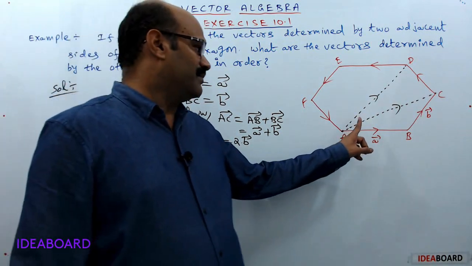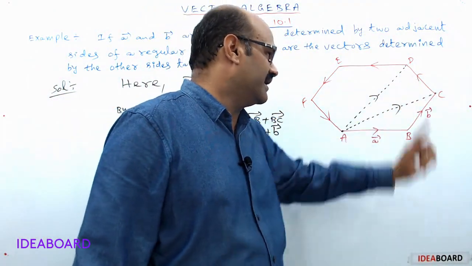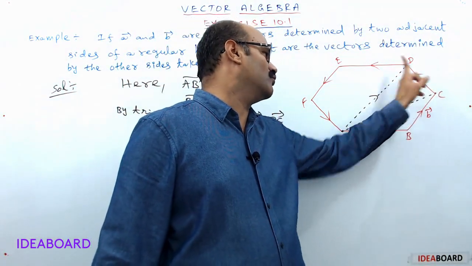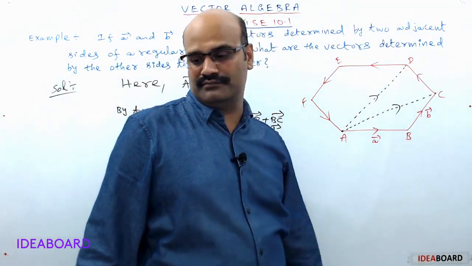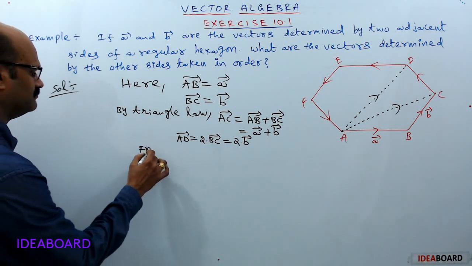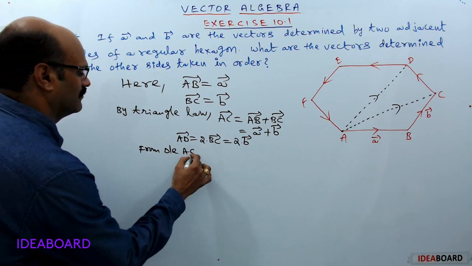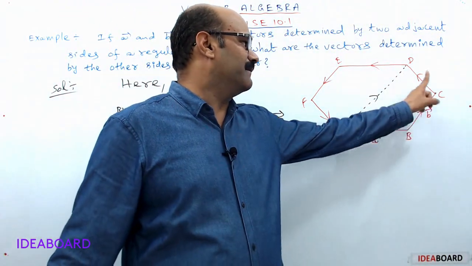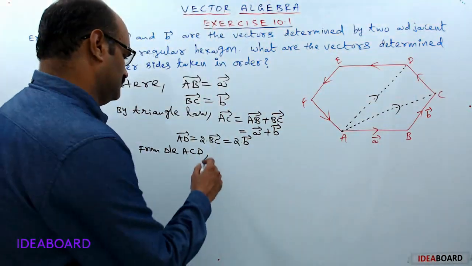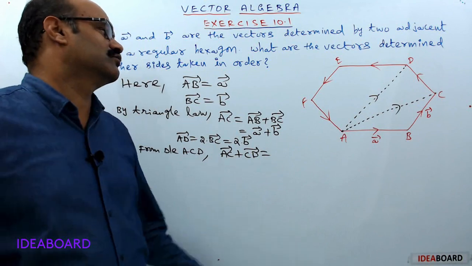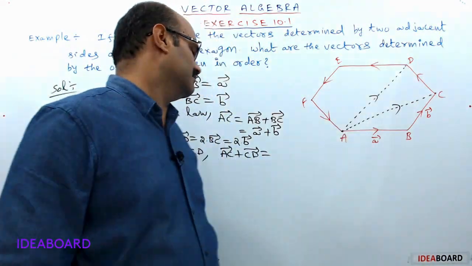Now from triangle ACD, by triangle law, AC vector plus CD vector equals AD vector.